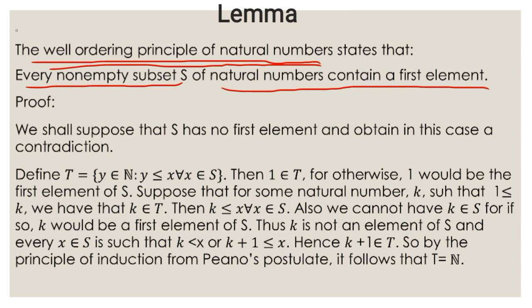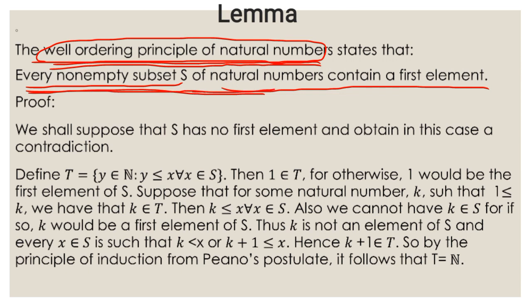That's all. That is what you say when you're stating it. So this is the well-ordering principle of natural numbers. It simply states that every non-empty subset S of the set of natural numbers contains a first element.